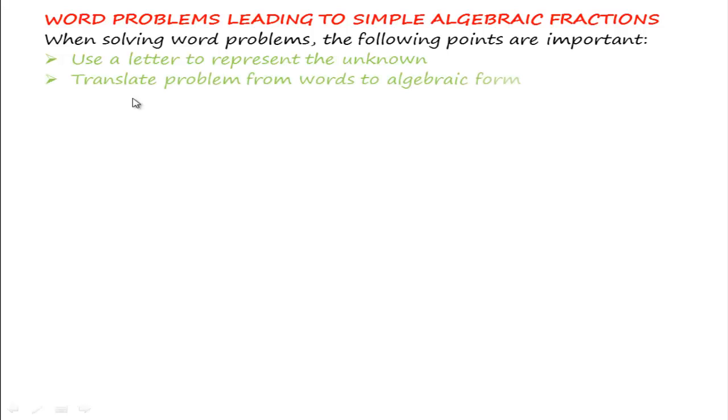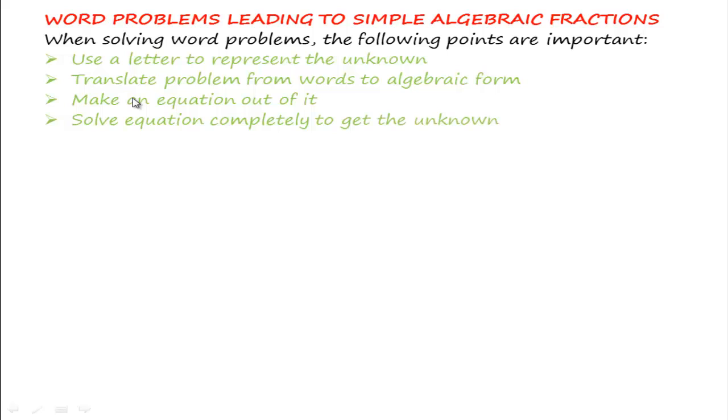Number two is that you have to translate the problem from words, from sentences, to algebra form. Number three is that you have to make an equation out of every statement. Are you following? Then after you have made an equation from every statement, you can solve the equation completely to get the unknowns.